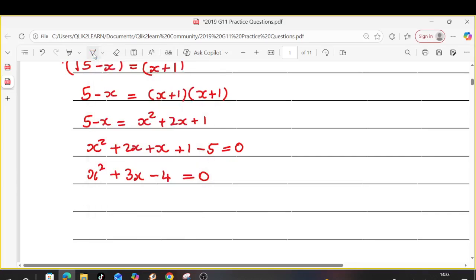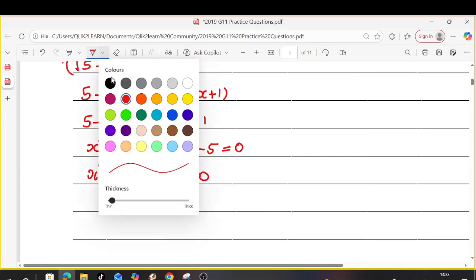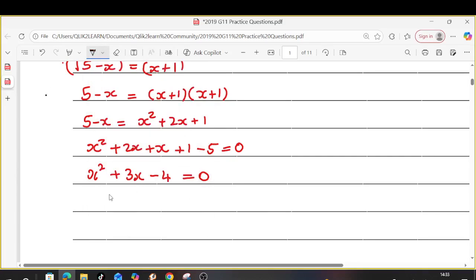Okay, so now what we're going to do is quickly factorize this and say this will be my x, this will be my x. So now I'm going to look for the factors of 4. Please, for now, let's not focus on the negative, but let's focus on 4. I need the factors of 4 that when I add or subtract them, they'll give me the middle number, which is 3.